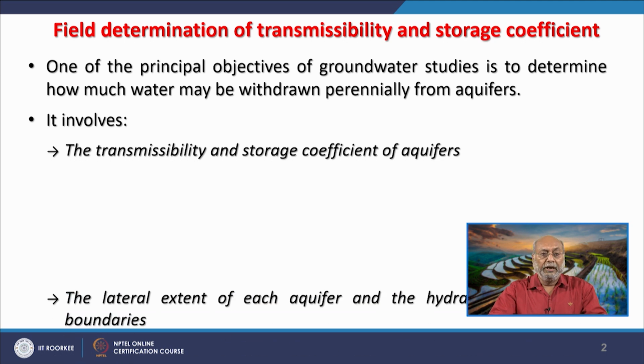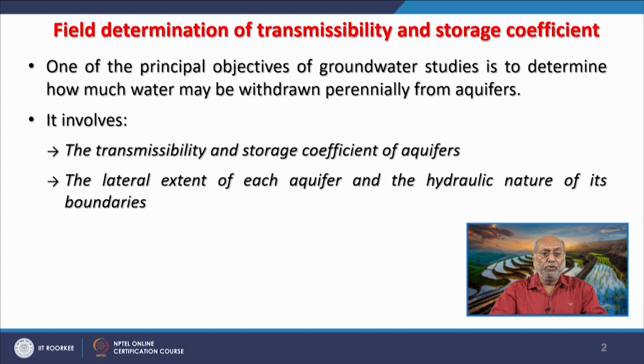Second, we also need the lateral extent of each aquifer and the hydraulic nature of its boundaries. Always remember that we are talking about subsurface, invisible geologic formations or aquifers which do not have any manifestation of their presence and characteristics on the surface.